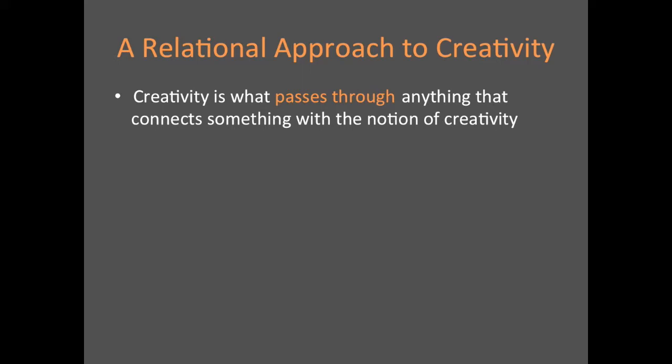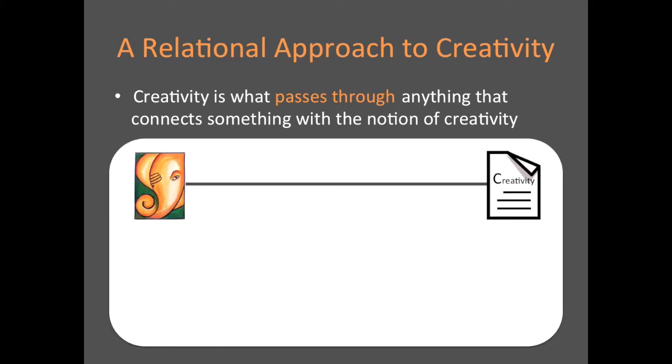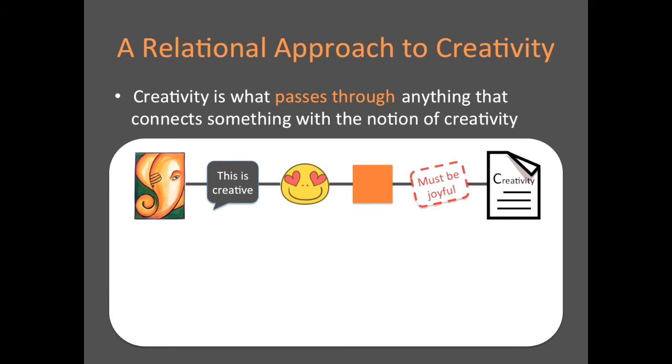Let's take an example. An easy way to connect, say, a painting with the notion of creativity is to say, oh, this painting is creative. But I can also substantiate this assertion by saying that this painting makes me feel something I never felt before, that it is using colors that have never been used before, and that it follows an important rule for this kind of painting, which is to be joyful.